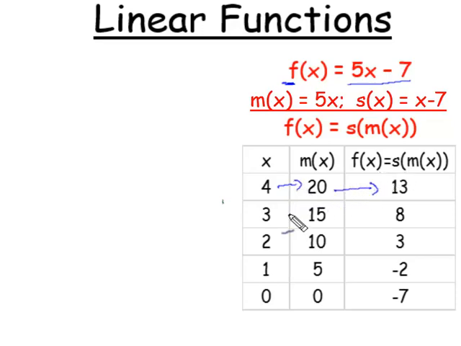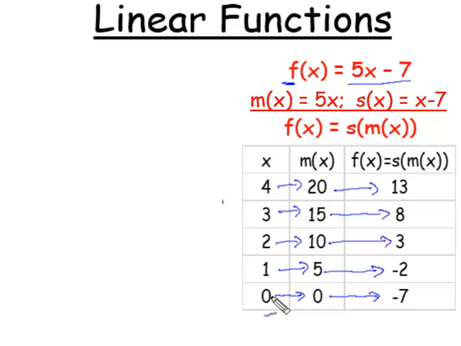Similarly, 3 gives us 15, and then 15 gives us 8. 2 gives us 10, and 10 gives us 3. 1 gives us 5, and 5 gives us negative 2. And 0 gives us 0, and subtracting 7, we get negative 7. So this table gives us a sampling of the values of the function at numbers from 4 down to 0.